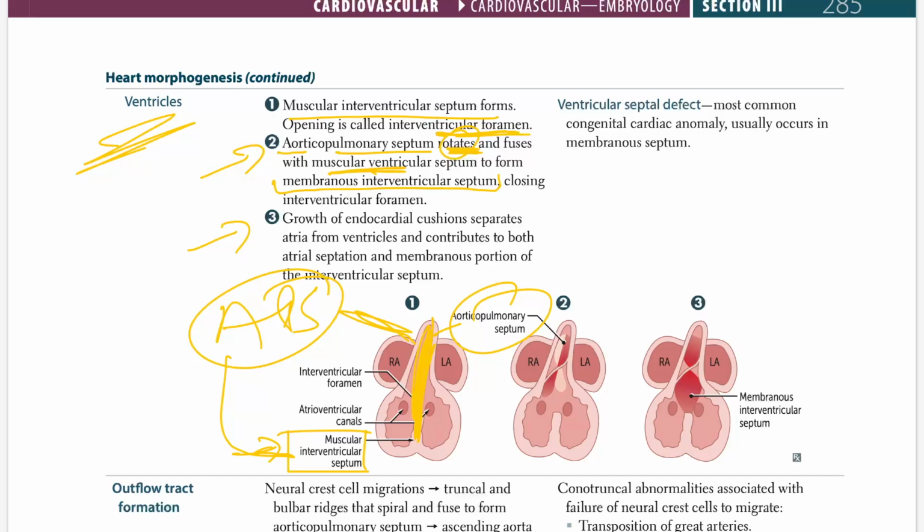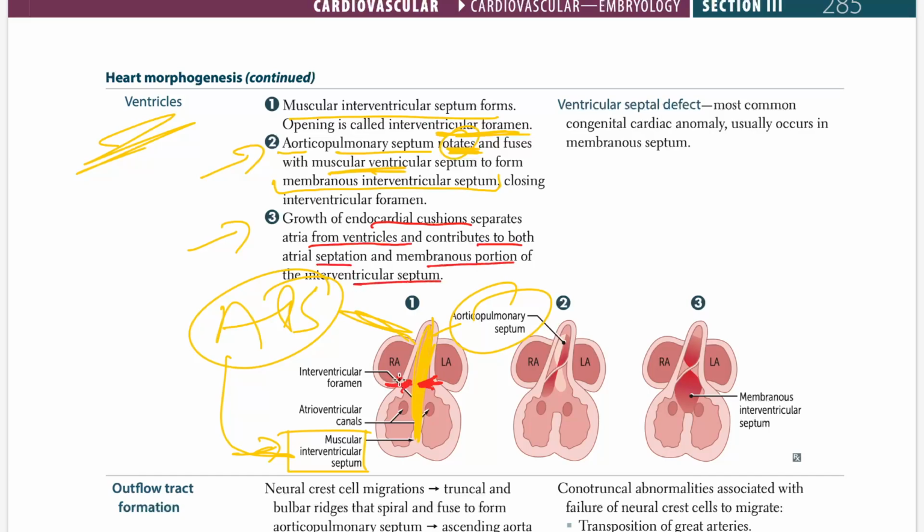Now growth of endocardial cushions would separate. So they haven't drawn the endocardial cushions, but here let me change color. Endocardial cushions are supposed to be between atria and ventricle. So here's, let's say, the endocardial cushions. They are going to grow towards each other. They separate the atria and the ventricle, and contribute to both atrial separation and the membranous portion of the interventricular septum.